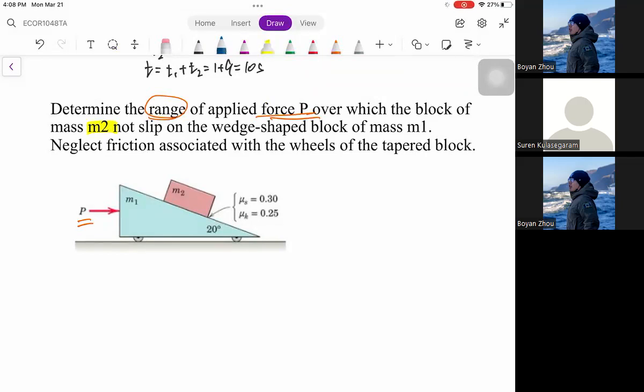For the block M2 to slip, there are only two cases. One is the block slipping up, another one is the block slipping down.